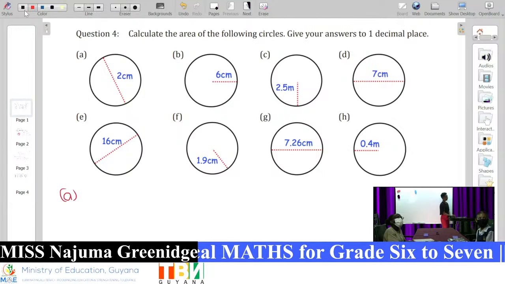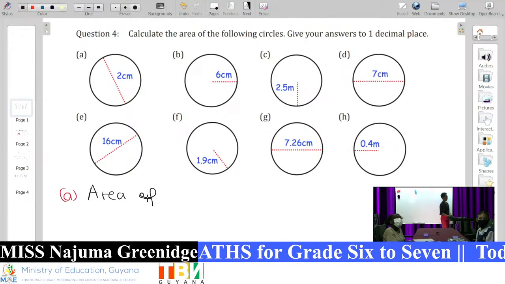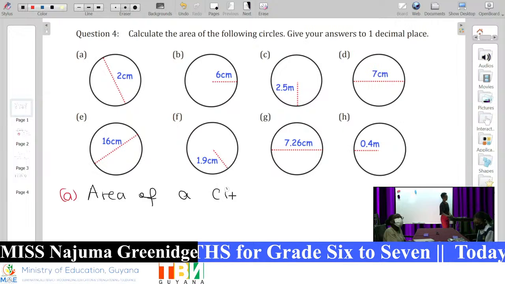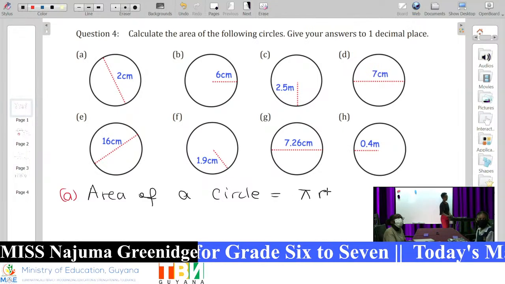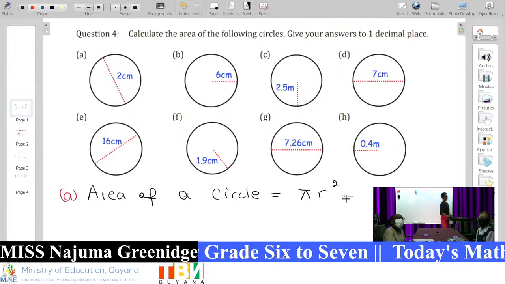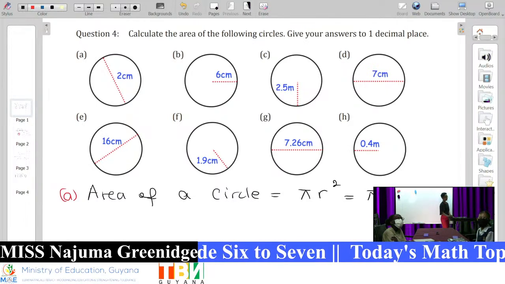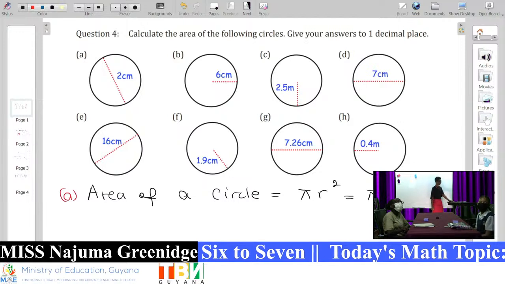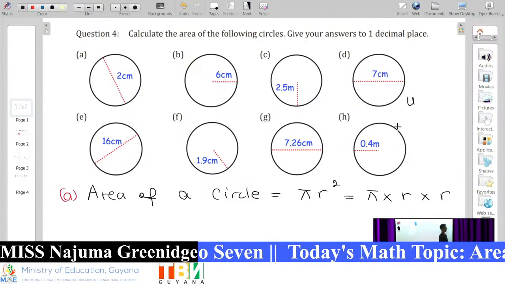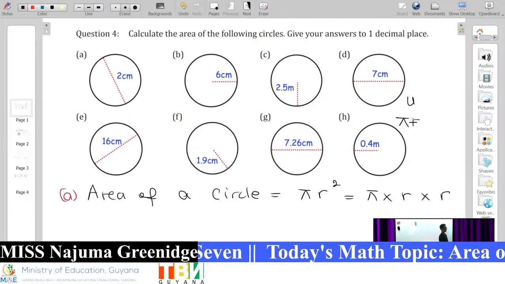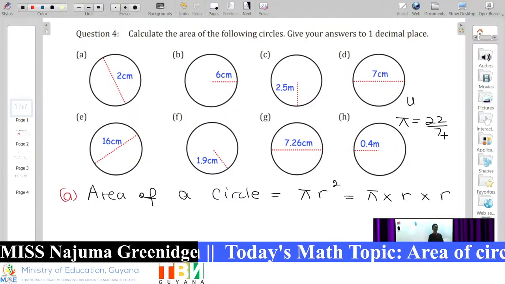Part A. So we know that the area of a circle is equal to pi r square, which is actually pi times radius times radius. That's what we know for a fact, right? So in this case, we're going to use pi equals 22/7. All right? Great.